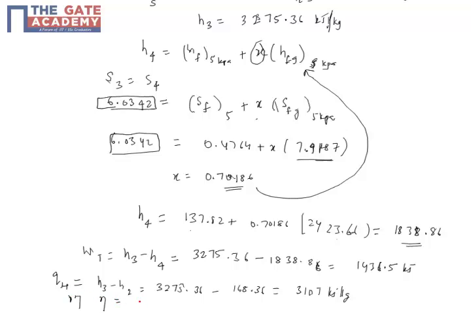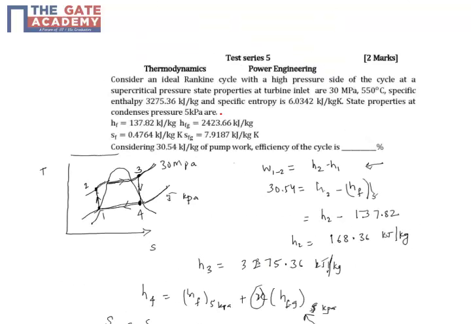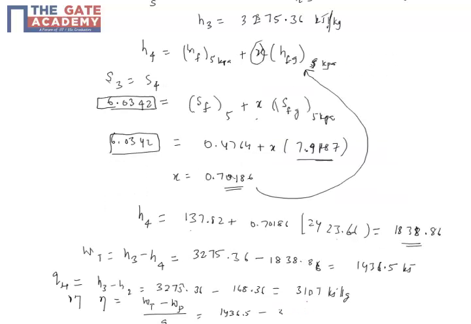So now what is asked is the efficiency, and efficiency is equal to work done by turbine minus work done by pump, divided by QH, right? So work done by turbine we know, 1436.5, minus work done by pump, which is given as, let's look at the value again, 30.54, divided by 3107.